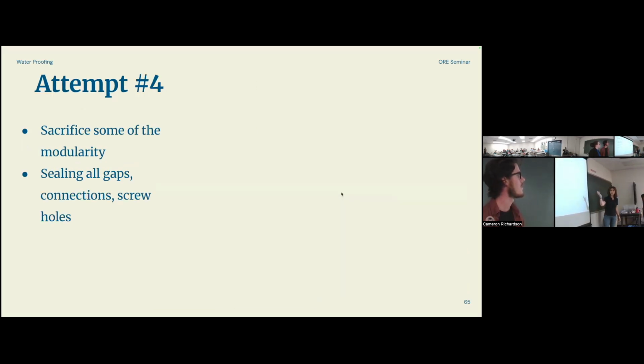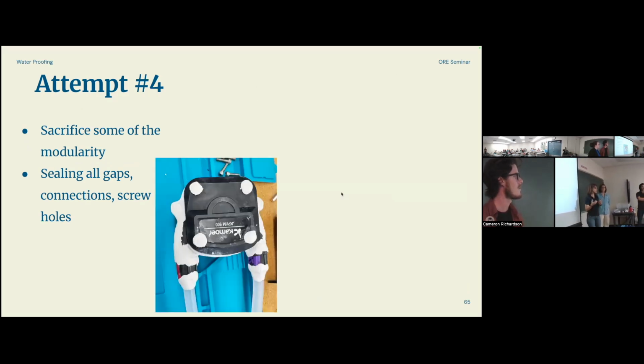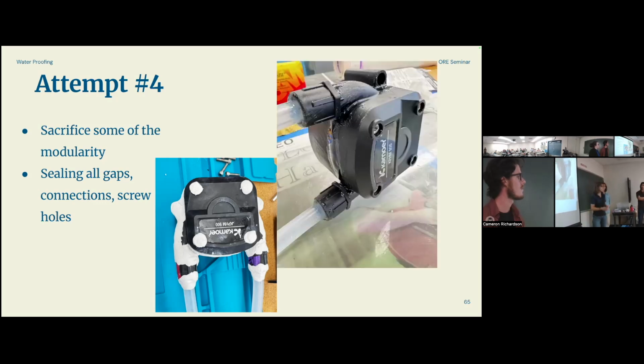By this decision, we actually sacrificed some part of our modularity, which is one of our goals. Because once we completed the pump housing permanently, we cannot open it for further action, for example, changing the tube or any other possible problem.